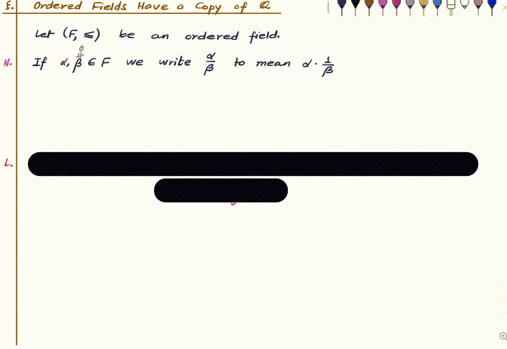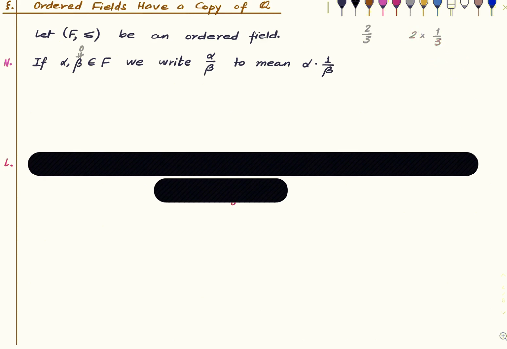So you have a non-zero element beta and some element alpha of the field. We write this to mean that. And this is consistent with the rational numbers. When we have the rational number, for example 2 by 3, this is an equivalence class, but you can also interpret it as the rational 2 times the multiplicative inverse of 3, where of course 2 means 2 by 1 and 3 means 3 by 1.